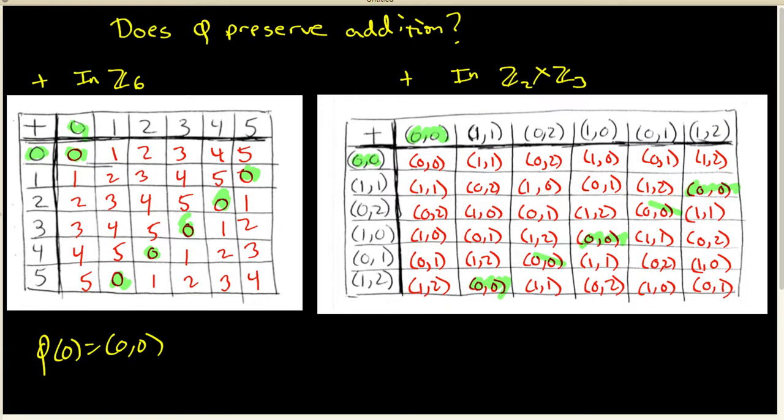And we're going to repeat this with every other element in our set. So we are going to go back and think about what phi of 1 was. Phi of 1 was defined to be (1, 1). So let's pick a color for the ones. Well, let's make the ones this yellow color. In Z6, the ones are in these blocks.